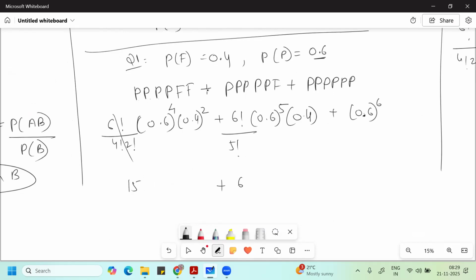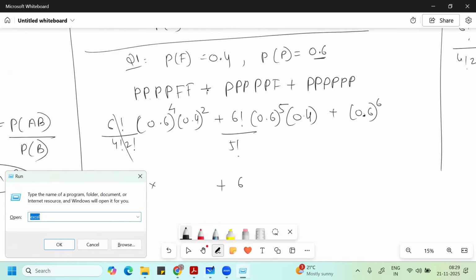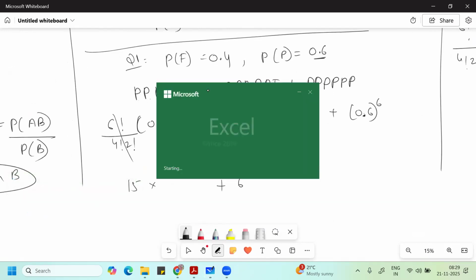Okay, so if I use a calculator, let me open Excel for the calculator part. And you can use a calculator, a normal calculator only.